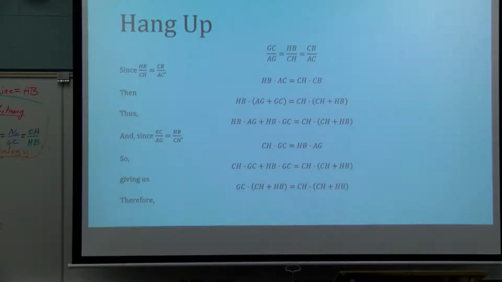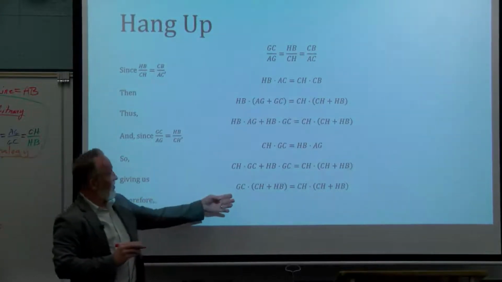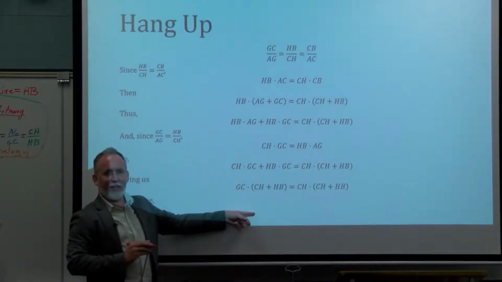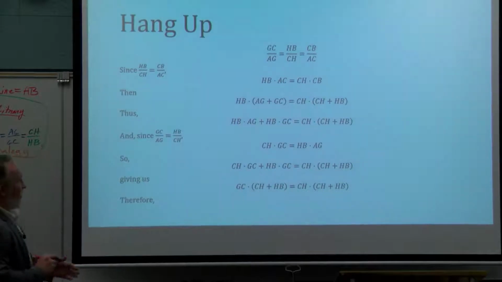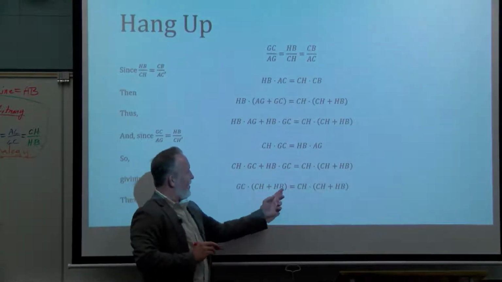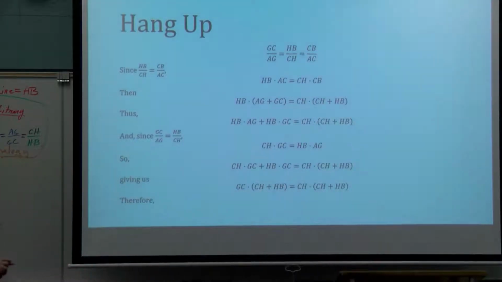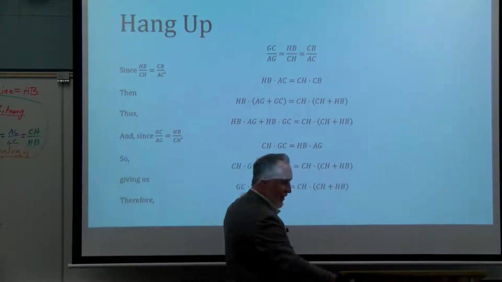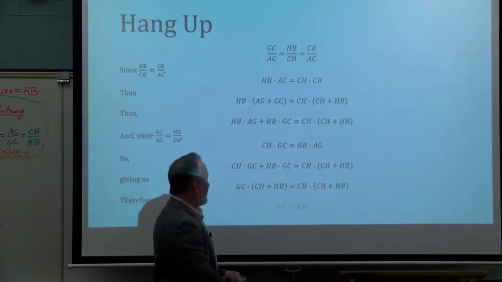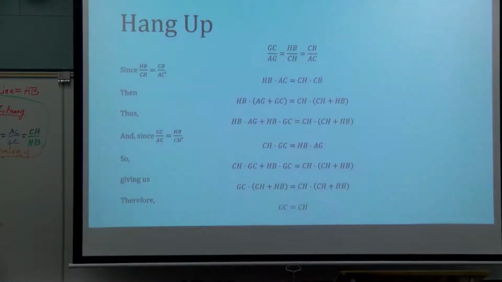But if we look at this last line, what's the next line? You have this multiplied by this, and this multiplied by that. GC equals CH. Oh, G equals CH.